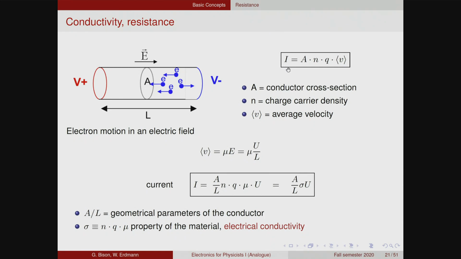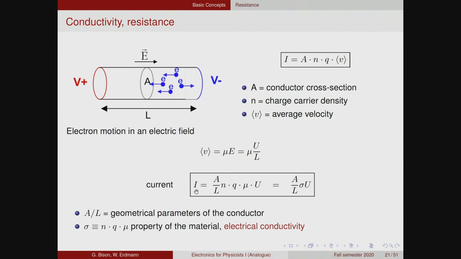So we can write the current, as we have done before, as the cross-section area times the charge carrier density times the charge of the charge carriers and times the average velocity. And now we insert this material constant for the velocity, and we replace the electric field with the voltage difference, the potential difference, divided by the length. This is the definition of an electric field.